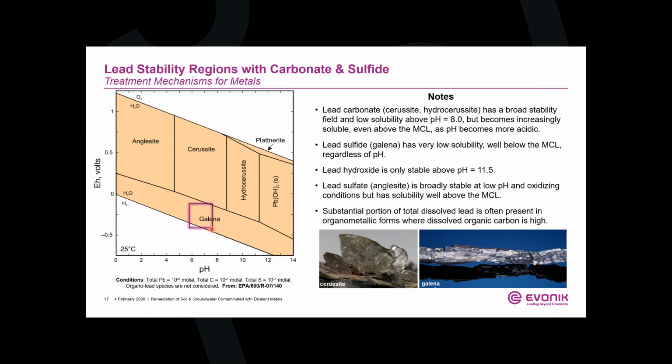And what this shows you is that in that same region where free sulfide and iron will precipitate as pyrite, free lead or dissolved lead, ionic lead, will want to precipitate as lead sulfide, galena, which has extremely low solubility and will be stable in this range of pH-EH. So it works. The iron sulfide condition that we create with our reagents will also work very well for precipitating galena.